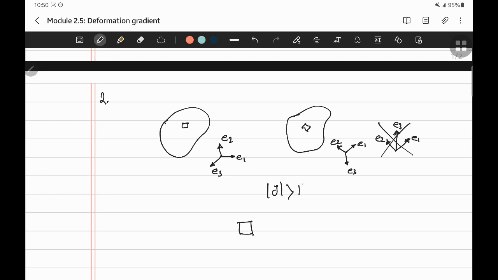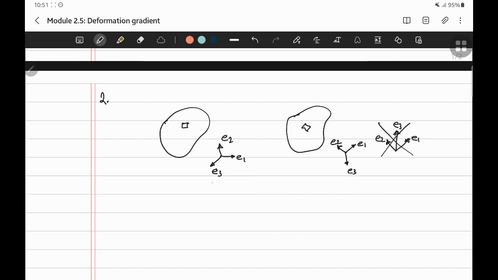You want it to be bigger than 0 and close to 1 because you don't want it to be distorted like this, but rather like this, for example. And the Jacobian should be positive, because otherwise this point, for example here, does not exist in the current configuration if your Jacobian is less than 0, is negative.